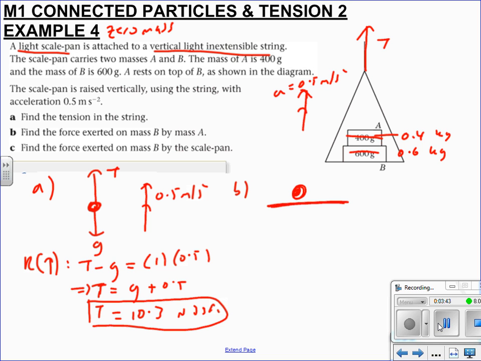A is resting on B, isn't it? And therefore the force exerted on mass B by mass A is going to be the weight of A, isn't it? The weight of A is acting on B, therefore B has to produce a normal reaction in order for this thing not to fall through the floor.